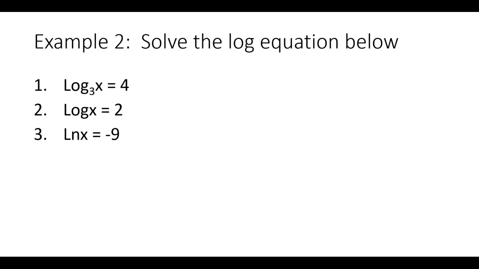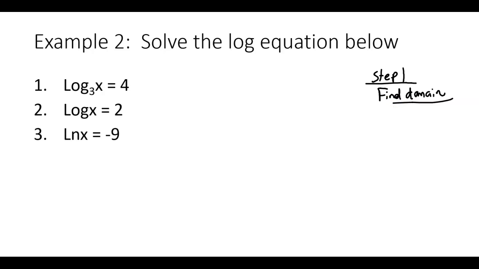Let's go ahead and take a look at example 2 here. These are basic log equations, and we're going to start off here. So for step 1, the first thing we want to do is find our domain. We want to make sure that our answer doesn't go outside of the domain.